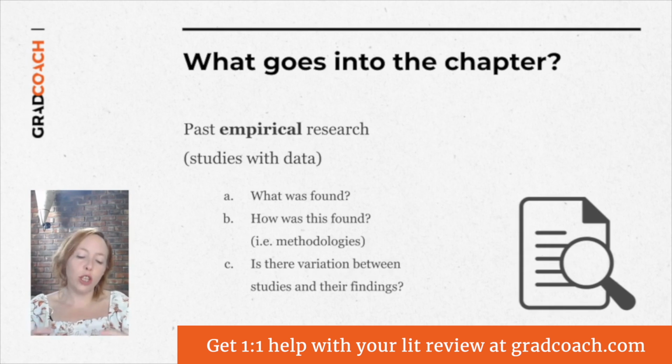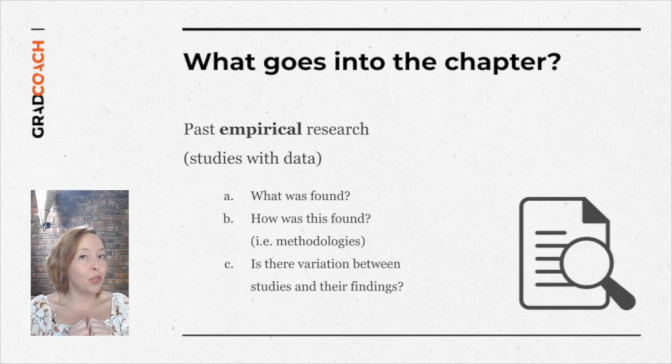And for research that is very similar to what you are studying, you're probably wanting to go into a little bit of detail. For instance, what did they find? What kind of methodology did they use? How did they find this out? And also, very relevant, is there any variation between these studies or limitation to these studies, which of course you as the researcher might be able to point out as something that might be missing.